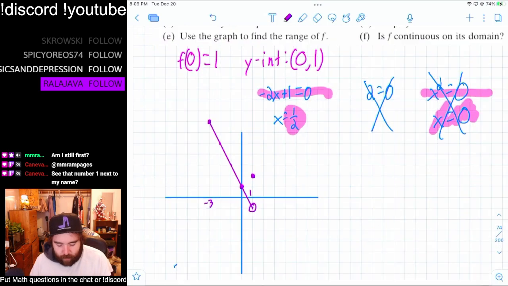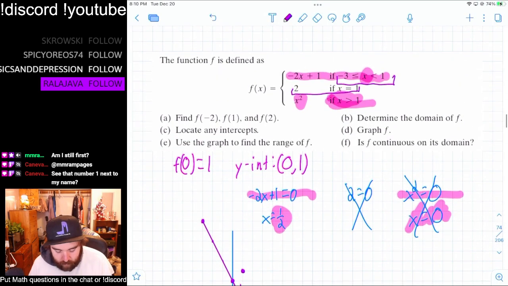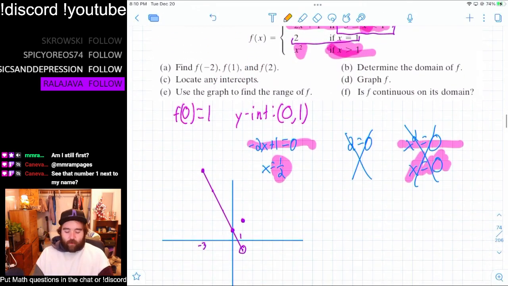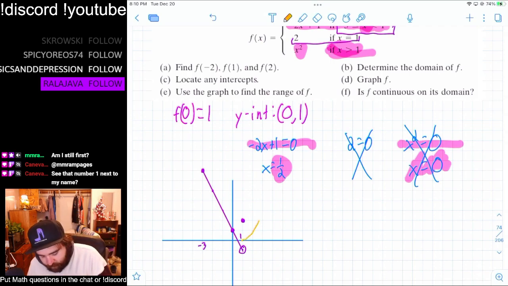And then the next part is where it gets a little trickier. Let me show you a couple different ways we can think about this. So it's x squared, right? We all know the graph of x squared. But a lot of people get confused and try to start it here. So maybe they do it something like this. But that's not what this is saying.